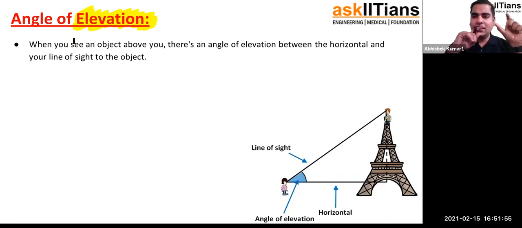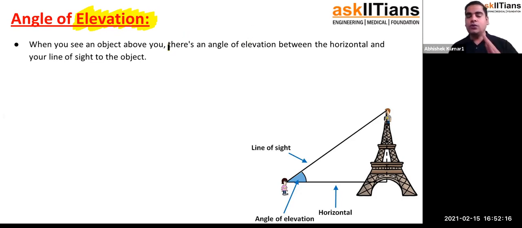That means an angle that is in some way related to the height of any particular object. That object might be a tree, a building, or anything. But yes, we are taking into consideration the height of the object under consideration.